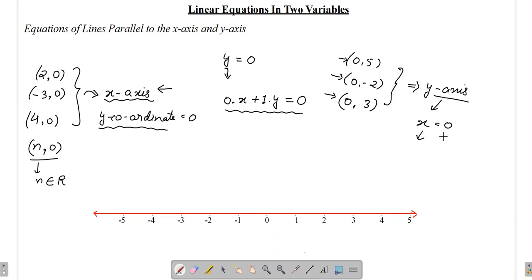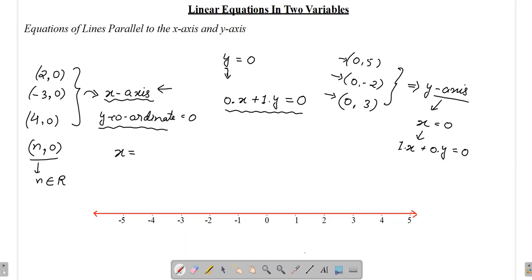In the form of two variables, we can write it as 1 times x plus 0 times y equals 0. So this is how we can find out the equations of the x-axis and y-axis.